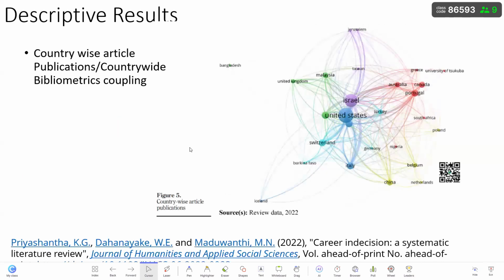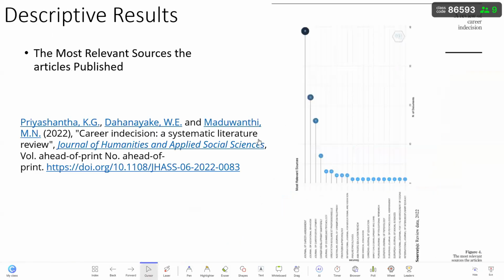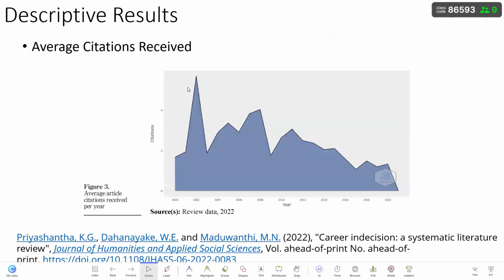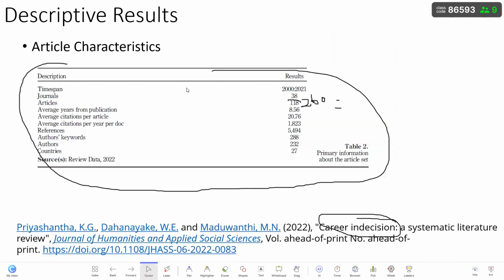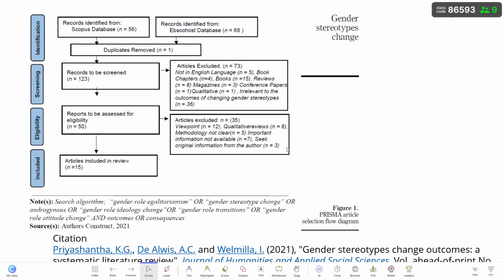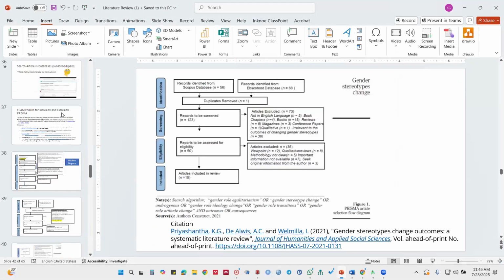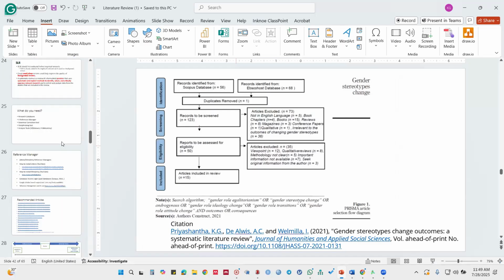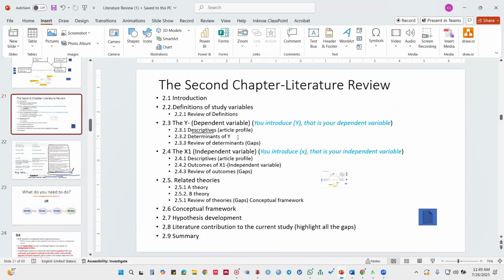All these have been created using software tools. The time is not sufficient to discuss all these things in detail, but I'm trying my best to give an overview. So descriptives must be provided for each data set.